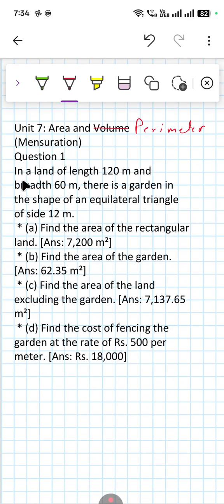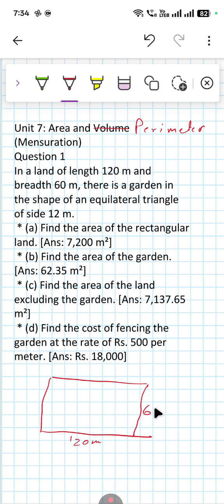Let's see the first question. In a land of length 120 meter and breadth 60 meter, so let us make a land first. So here I'm going to make it. The land length is 120 meter and the breadth is 60 meter.